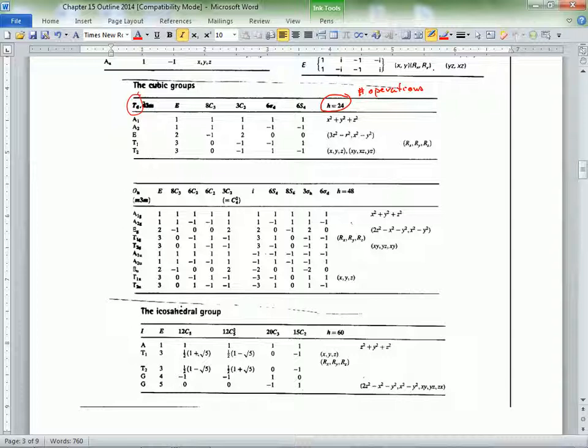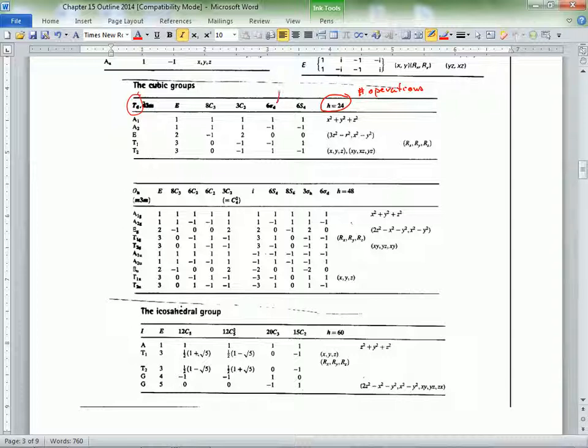So technically, they should be listing C3, C3 prime, C3 double prime, C3 triple prime, all the way out to C3 with 8 primes on it. They should have 3 C2s listed there. They should have 6 sigma d, 6 S4s. Does that make sense? So there's actually 24 symmetry operations. They just abbreviated it.